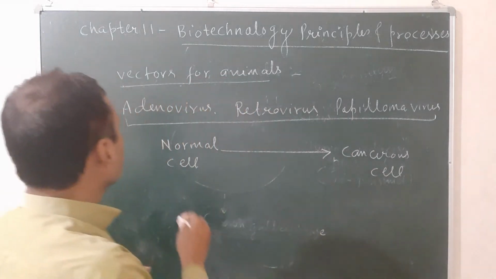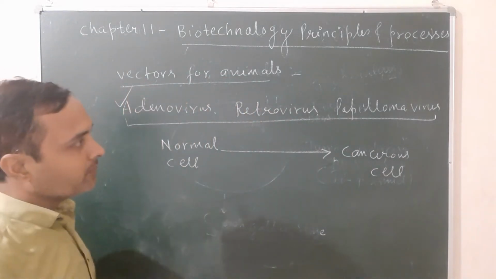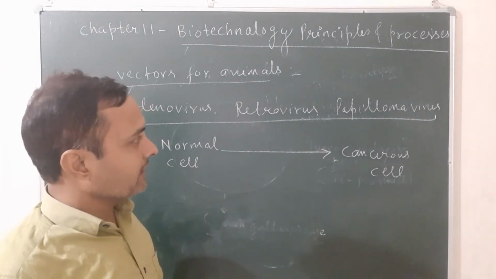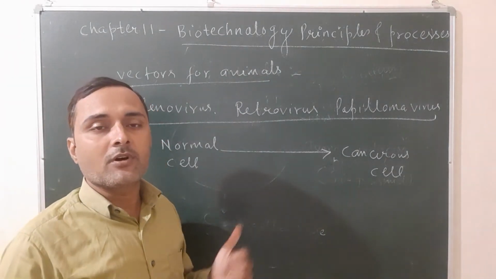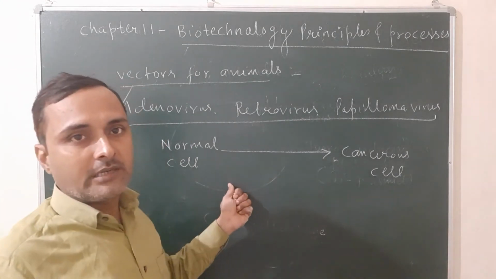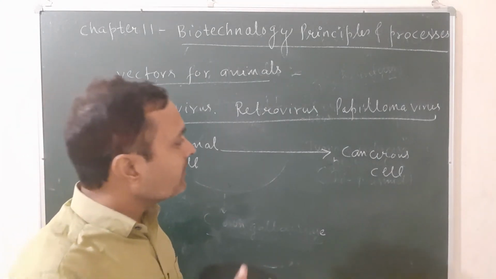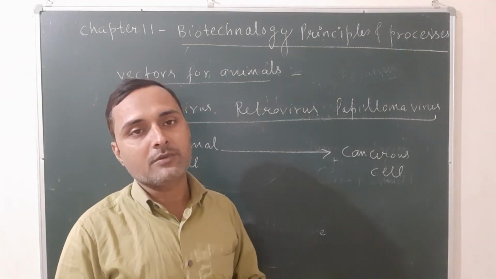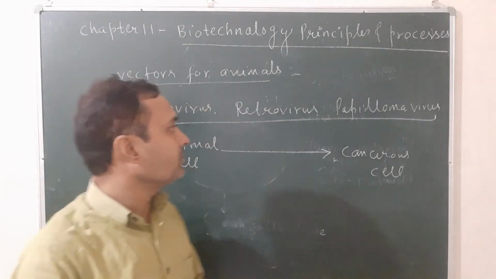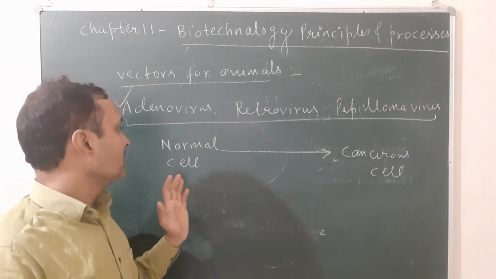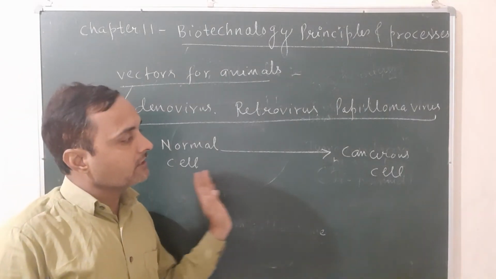But when these viruses become disarmed, meaning the gene of interest, the foreign DNA for development of resistance, is added into the genetic material, that gene will express and the animal becomes resistant against the particular disease. Normally these viruses convert normal cells into cancerous cells.